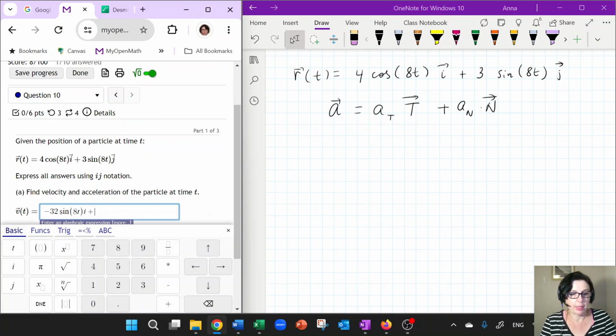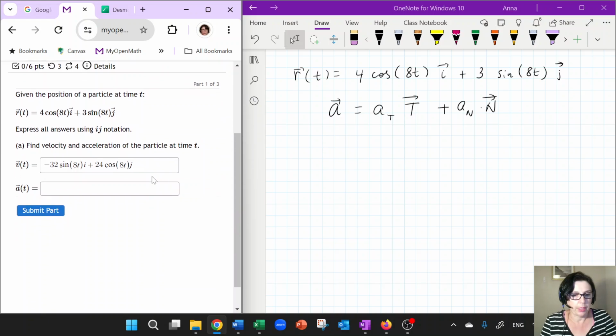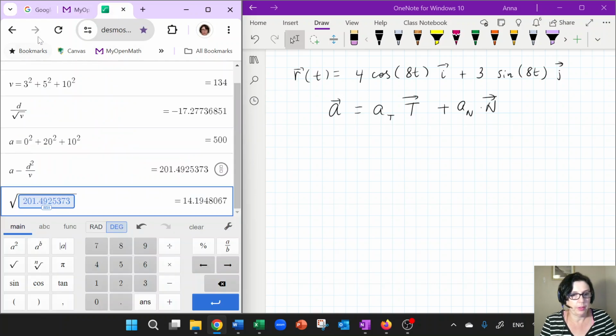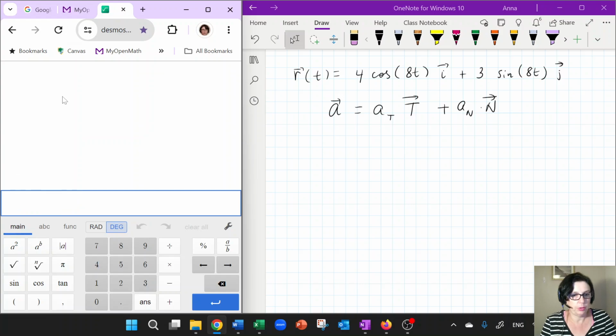Now we repeat the same thing with the j component. So 8 will come to the front. That will become a 24, right? And then it will be cosine 8t, because the derivative of sine is cosine. Okay, now we're going to do the acceleration. That means one more derivative. So another 8 is going to come in the front. So over here, let's just figure out what 32 times 8 is.